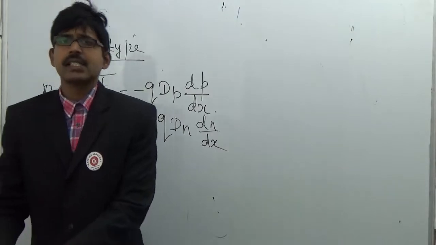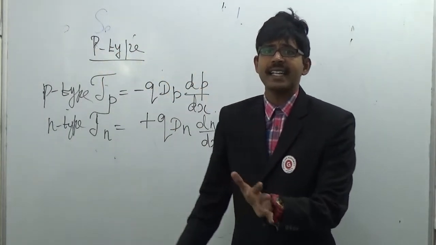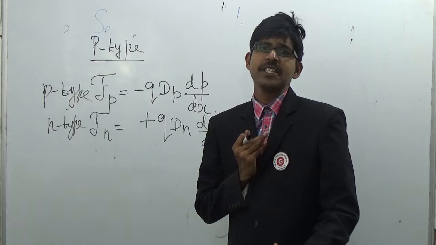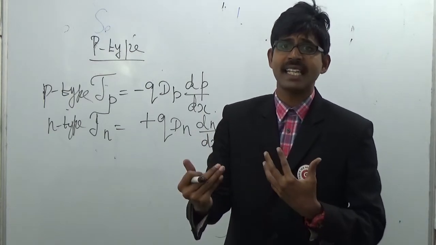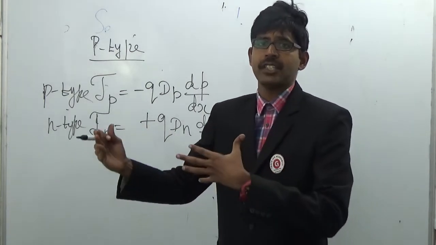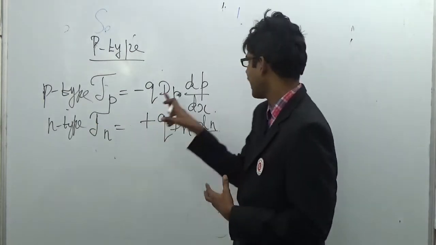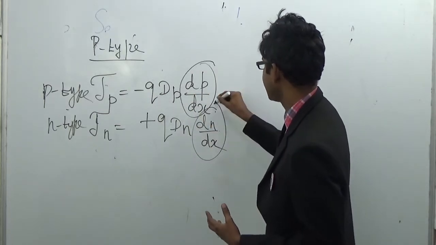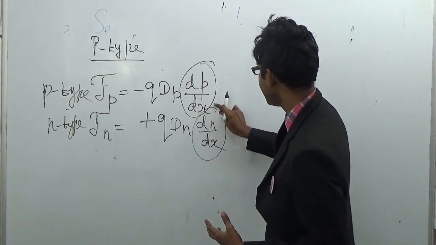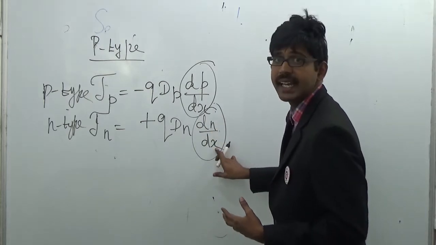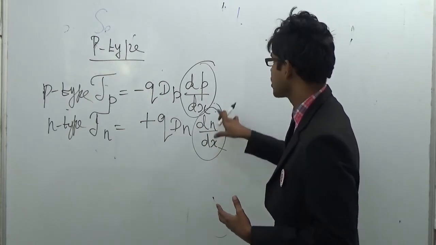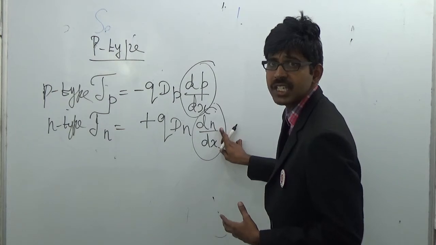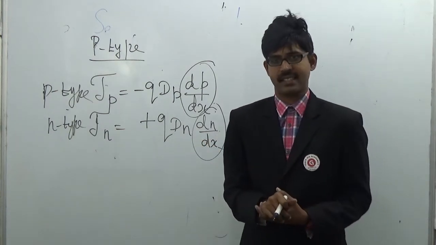Now, this diffusion current density comes into the picture because of change in concentration with respect to the distance. That is why I have the quantities dp by dx and dn by dx in this equation: the rate of change of hole concentration or electron concentration with respect to the distance.